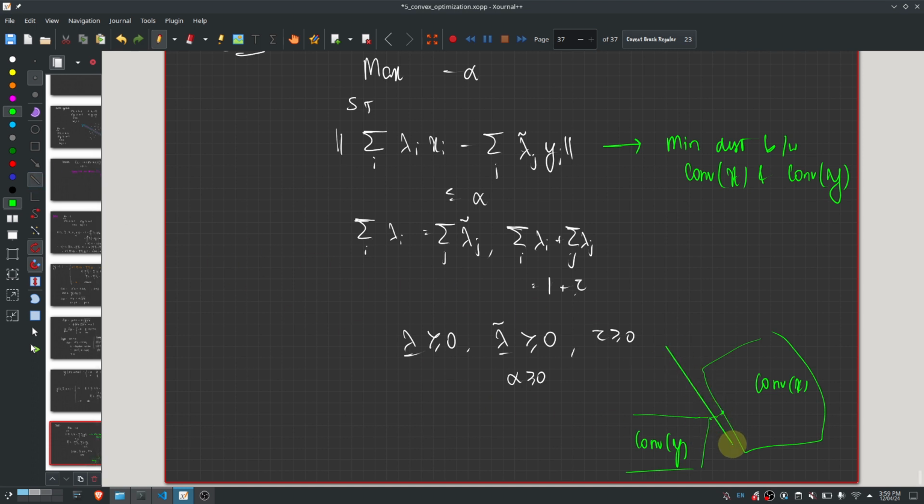The hyperplane separating the two convex hulls would effectively be the hyperplane passing through the midpoint of the line joining the two and exactly perpendicular to the line joining the two. That's the insight that the dual optimization problem gives you.